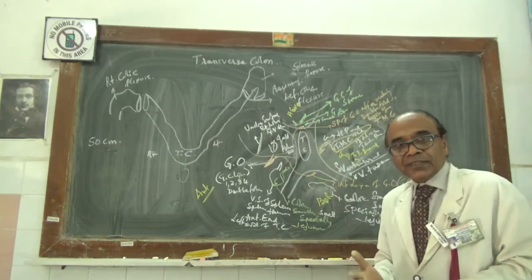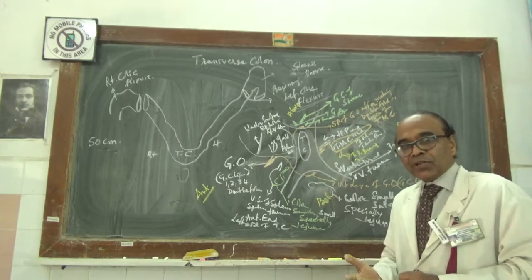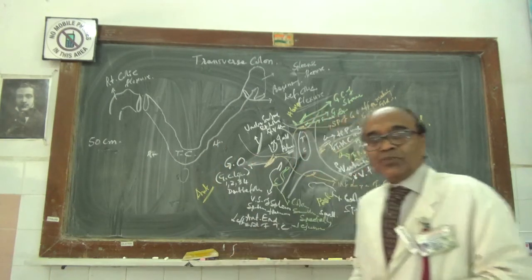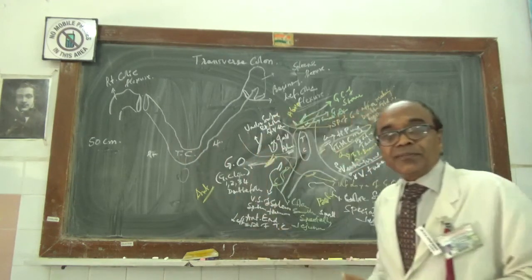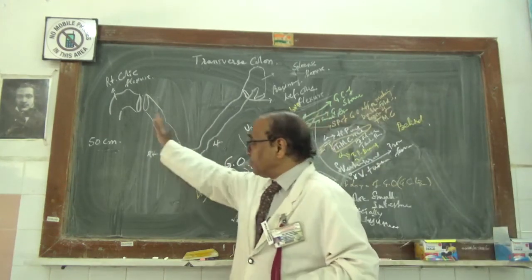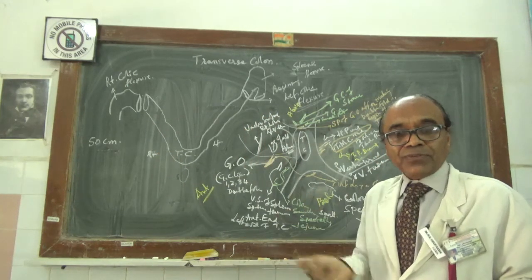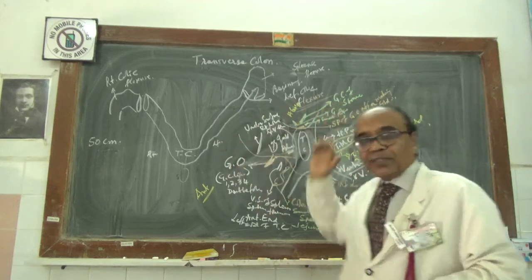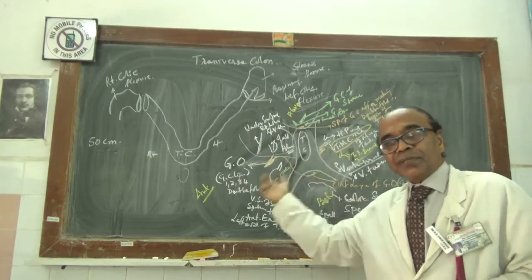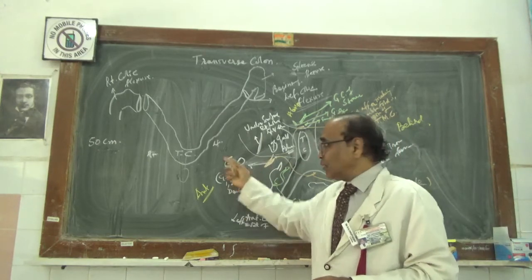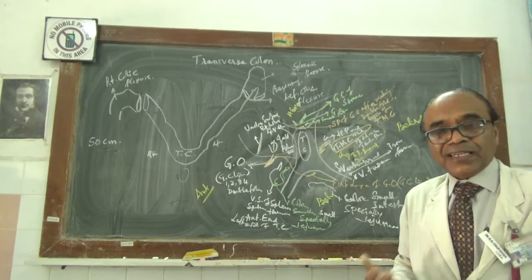Now coming to the development, or rather the embryology. It is developed partially from the midgut and partially from the hindgut, because the right part will get the blood supply by the midcolic, which is the branch of the superior mesenteric, while the left part of the transverse colon will be supplied by the left colic. Left colic is the branch of the inferior mesenteric, so it will develop from the hindgut.